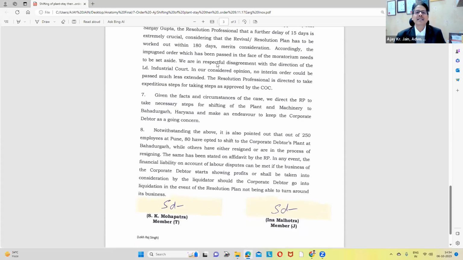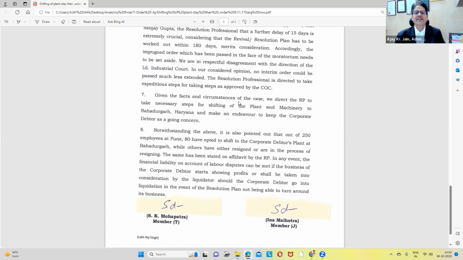We are in respectful disagreement with the direction of the learned industrial court. In our considered opinion, no interim order could be passed, much less extended. The resolution professional is directed to take expeditious steps as approved by the CoC.